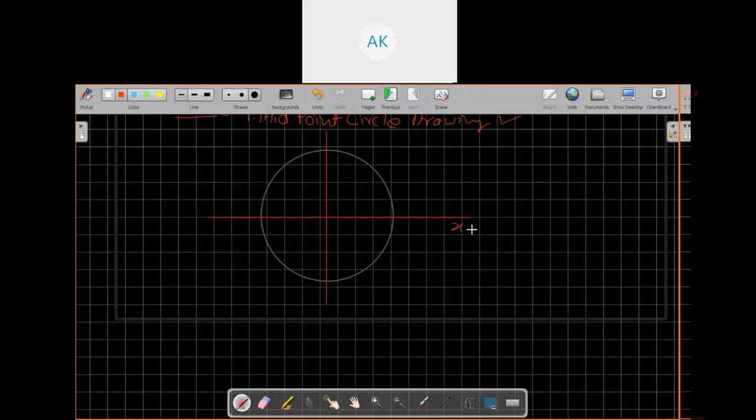This is your x-axis. This is your y-axis. As you know, a circle has a symmetric property. What I mean to say is, if you see above the x-axis, the points we get are just mirrored below the x-axis.